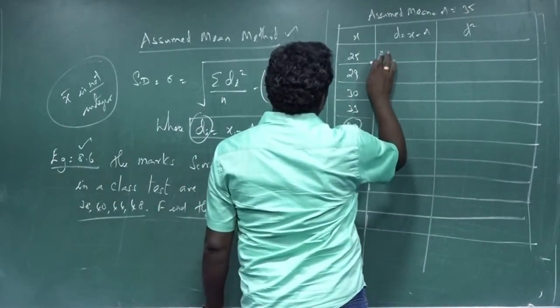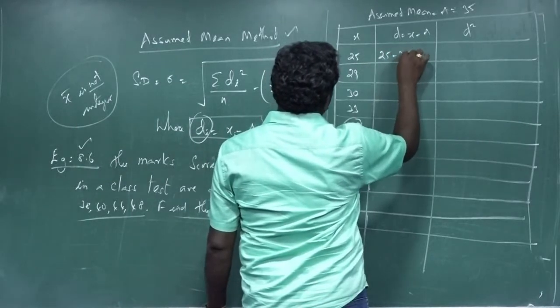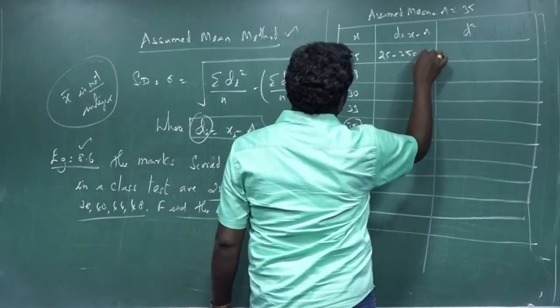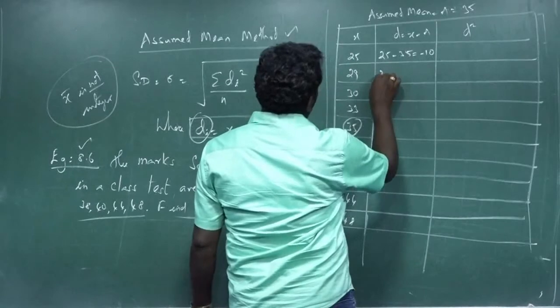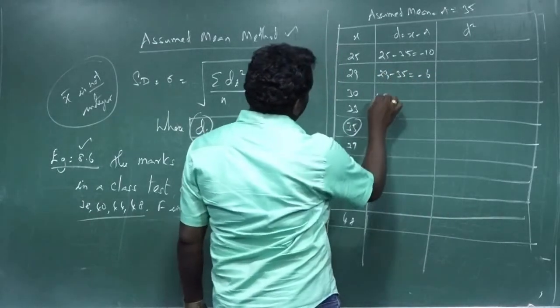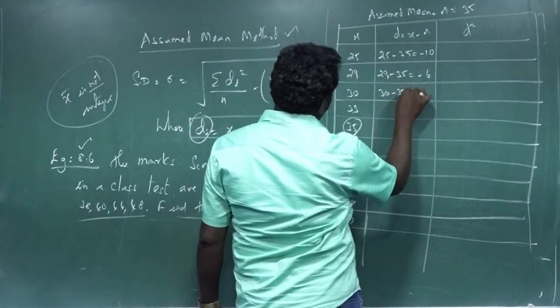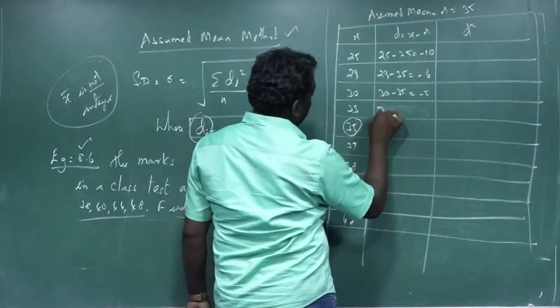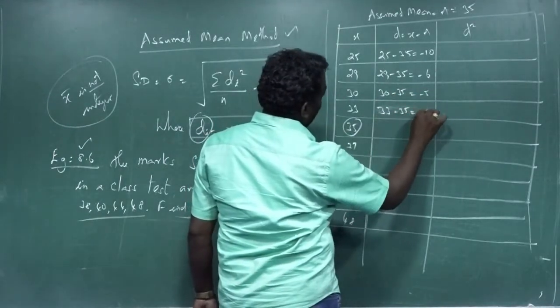Therefore, 25 minus 35 is minus 10. Then 29 minus 35 is minus 6. 30 minus 35 is minus 5. 33 minus 35 is minus 2.